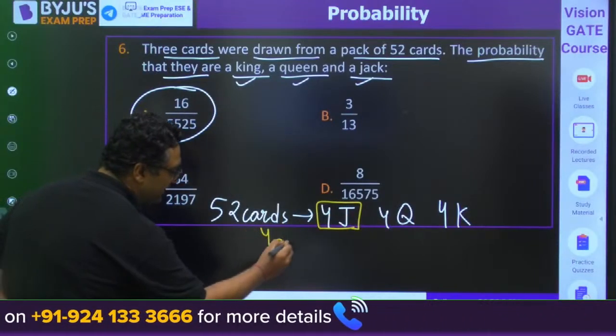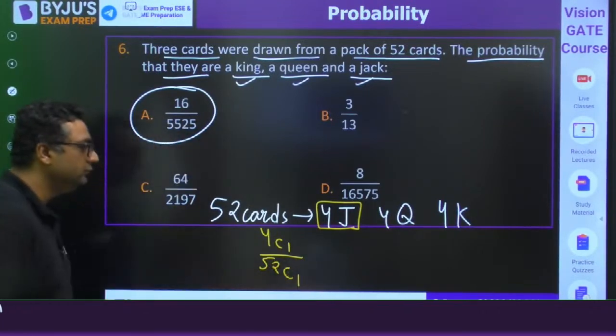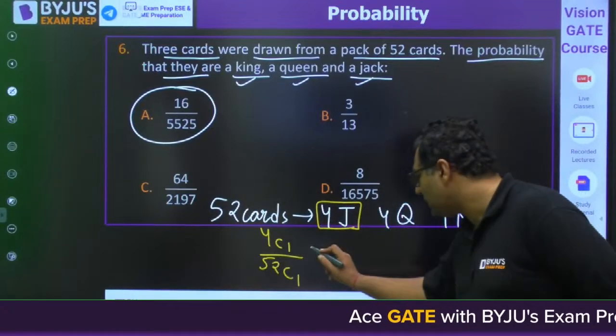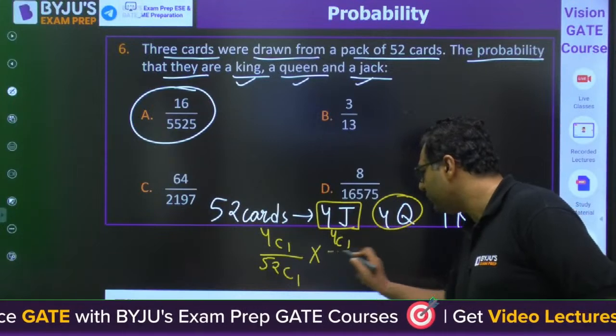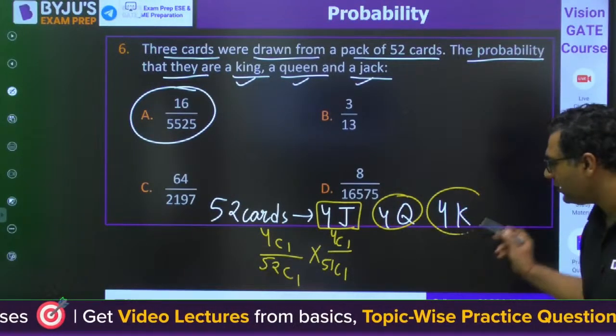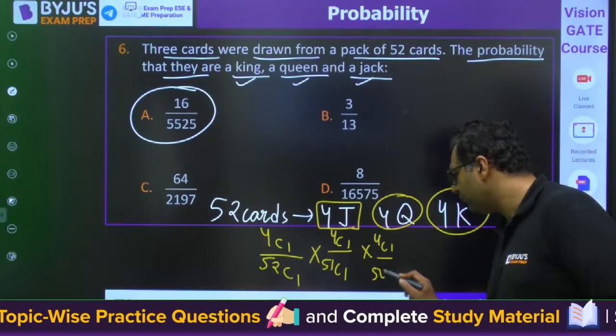So it will be 4C1 by 52C1. Now we are left with 51 cards. So the next card should be from the queen, 4C1 by 51C1. Next card should be from the king, 4C1 by 50C1.